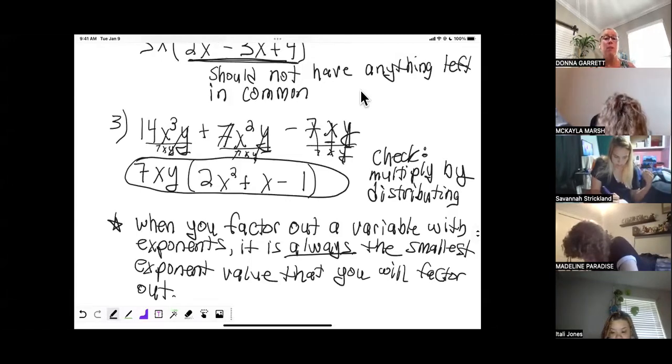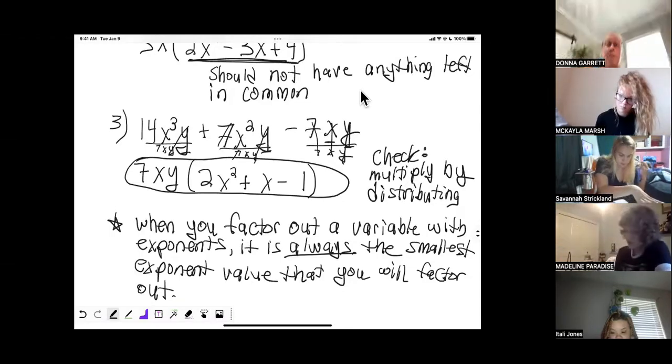It always is. So if you have multiple variables, just look for the smallest exponent. That's the one you're going to factor out.